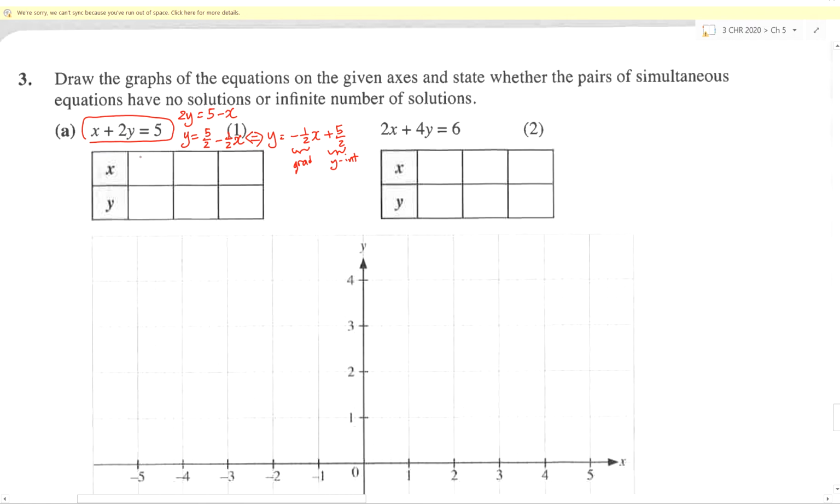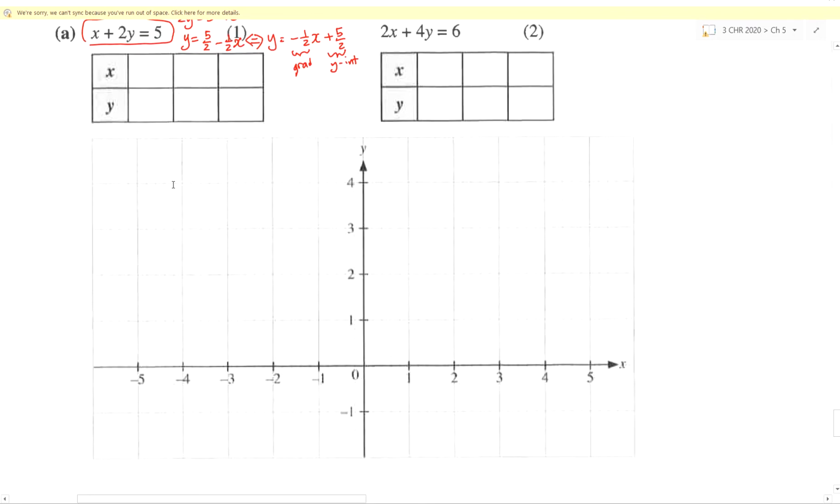So here we have a table. We get to substitute in values of x that we want. I like to select one of the x values as 0, because when x is equal to 0, we have block 0, that is our y-axis. Once we find the corresponding value of y, we will already have the y-intercept.